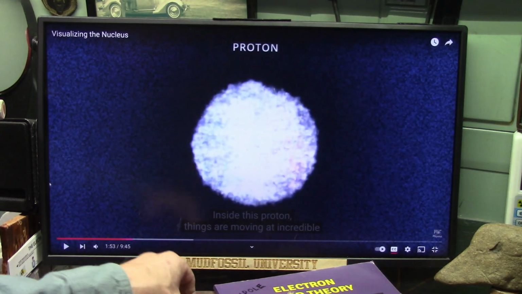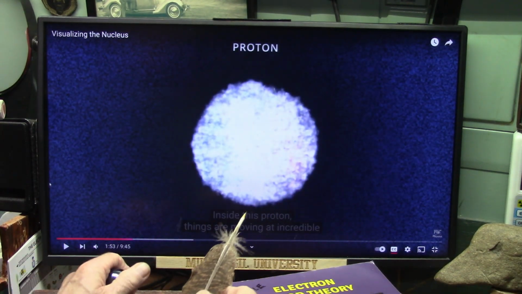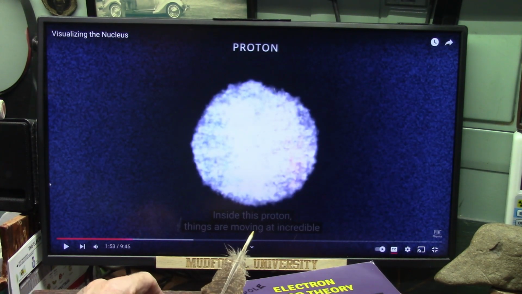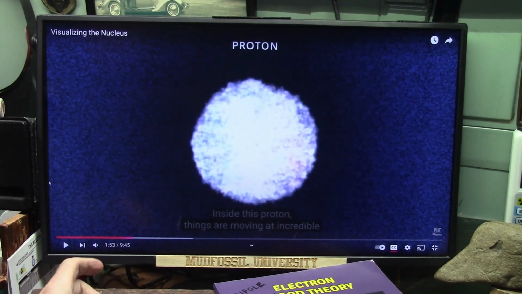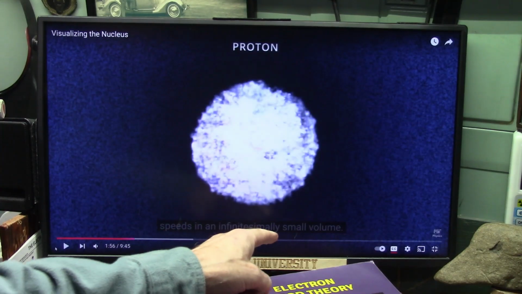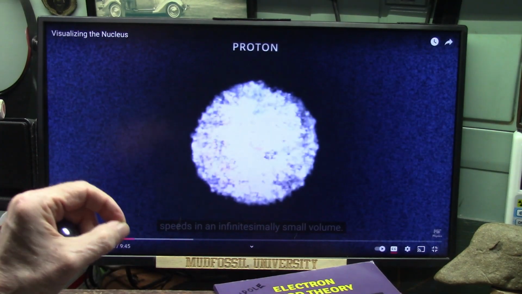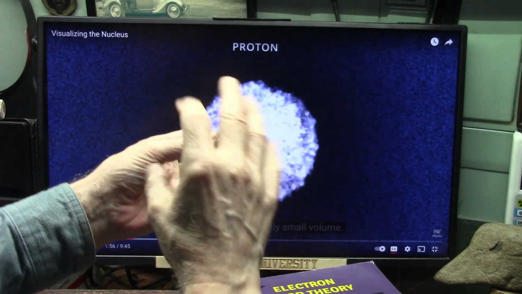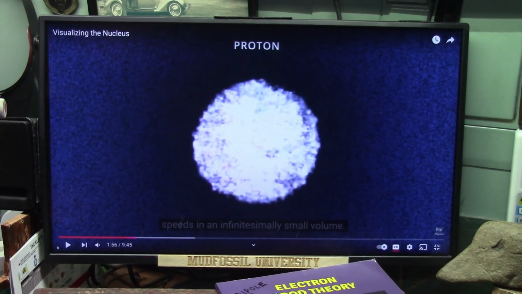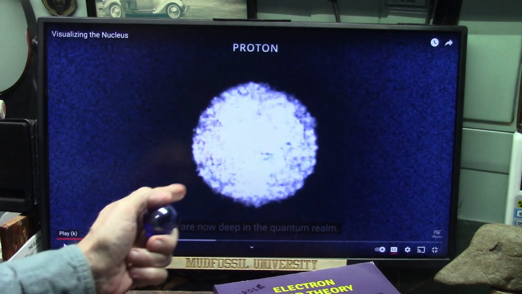Okay, here's where we might have a little confusion. It says inside the proton, things are moving at incredible speeds. It's just flailing away in there is what they're claiming. All right, incredible speeds, but infinitesimally small volumes. So tiny, but they think inside of here it's just buzzing away like crazy. All right, and they say we're deep in the quantum realm.